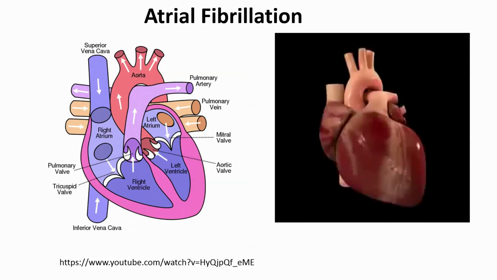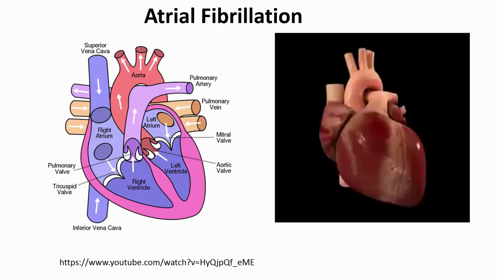There is the superior vena cava, right atrium, left atrium, left ventricle, right ventricle, pulmonary valve, tricuspid valve, aortic valve. In the same way, we have the pulmonary artery, the pulmonary vein, and of course the aorta. This is the general structure of the heart that we all know.